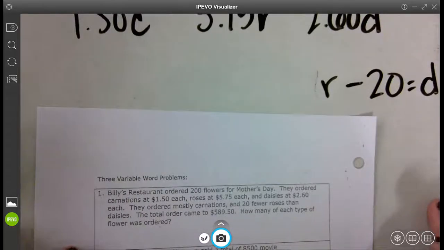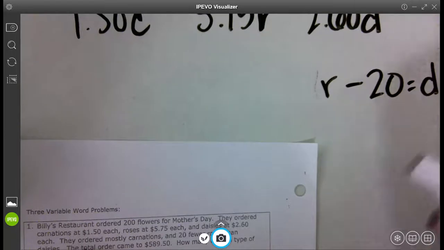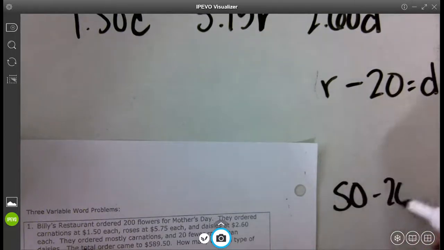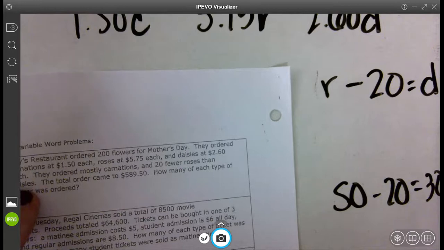How do you know that's right? All right, well, if I had 50 roses, 20 fewer, that'd be 30. So 20 fewer roses than daisies. So daisies needs to be more.